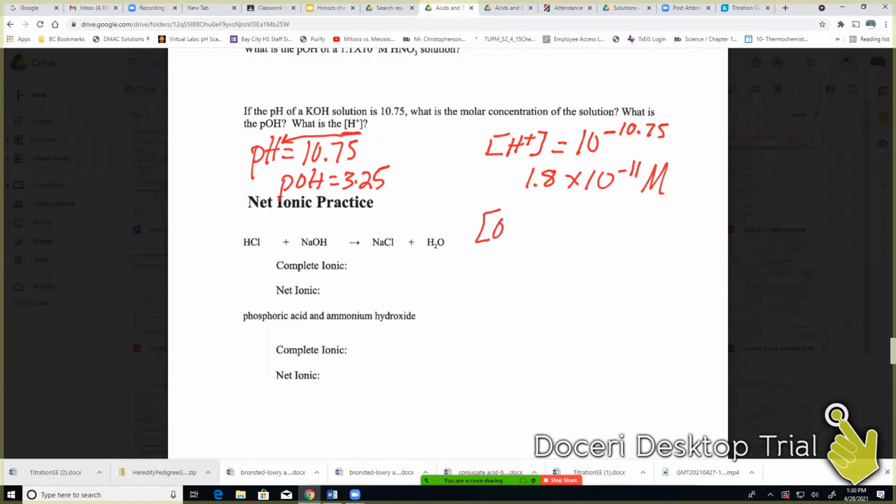And then I would do the same thing, but now my hydroxide, so I have to use my pOH. So 10 to the negative 3.25, and that's what would go in my calculator. 10, I call it the little carrot top, minus 3.25. So 5.6 times 10 to the negative 4 molar.